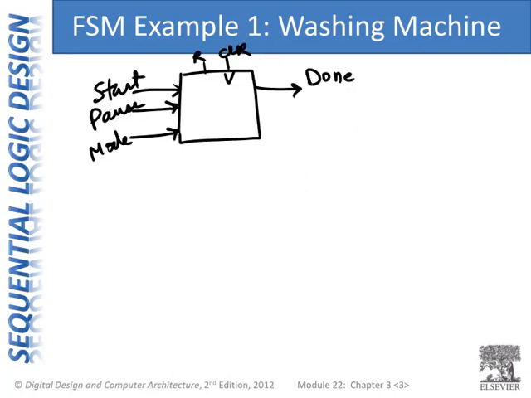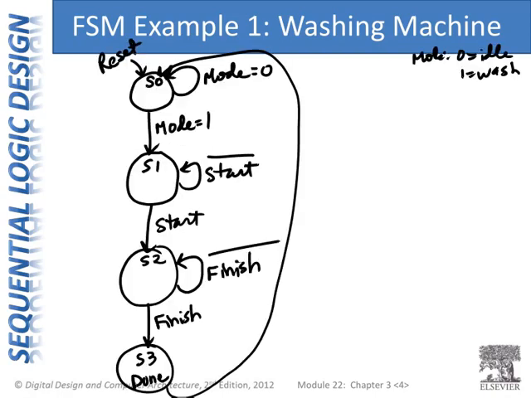So we can add this finish input that indicates when the washing cycle has been finished. And we go back here and say, okay, well, we also had a pause. If it's in the washing mode, state 2, and pause gets pressed, then it goes into the wait state.